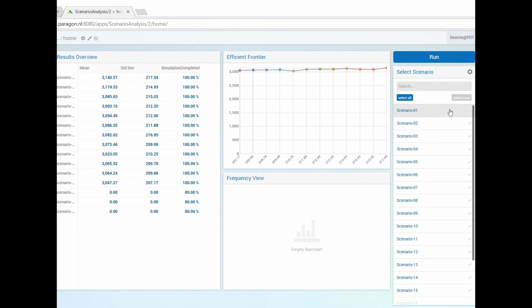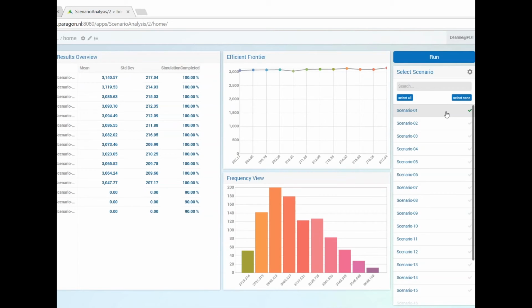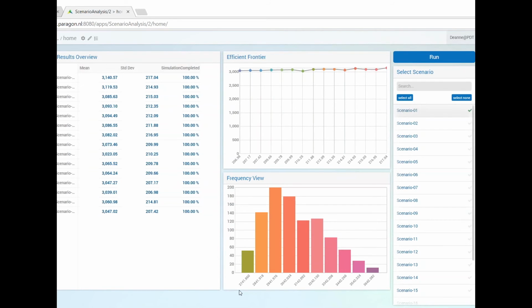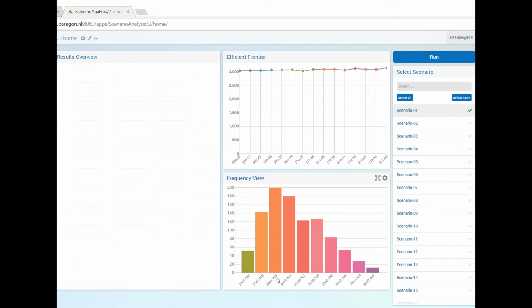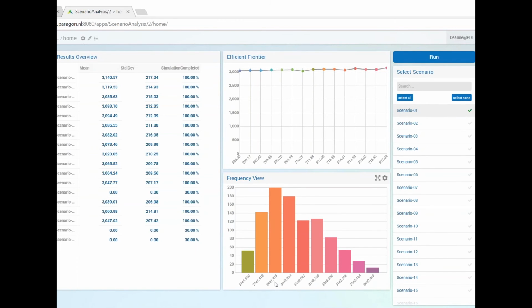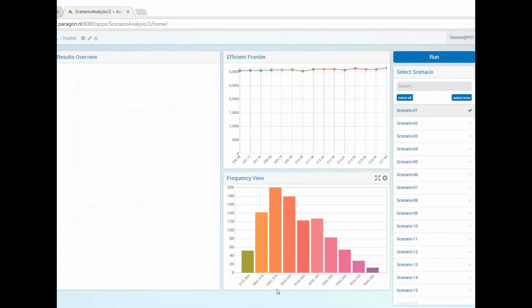And now if we select a certain scenario, for scenario 1, here is a histogram similar to what we saw previously. So out of the 1,000 samples of this solution, what are the intervals or frequencies of a certain value.